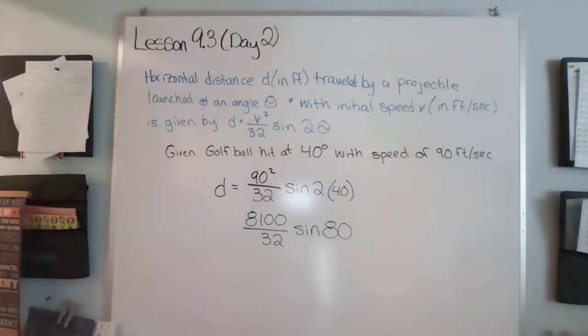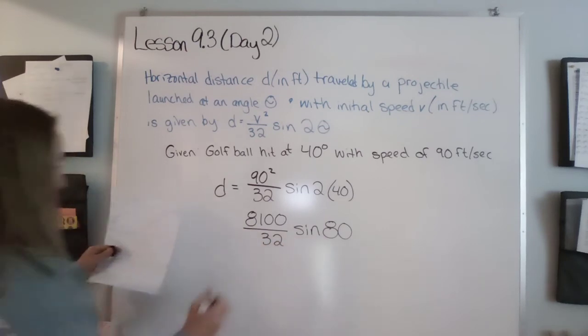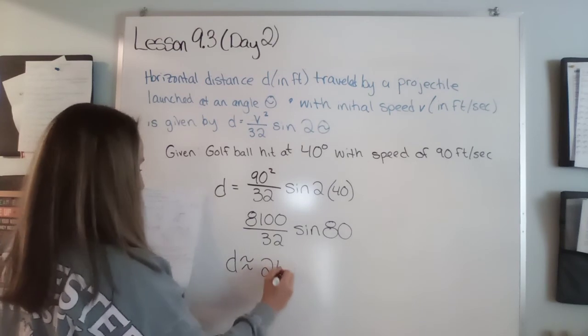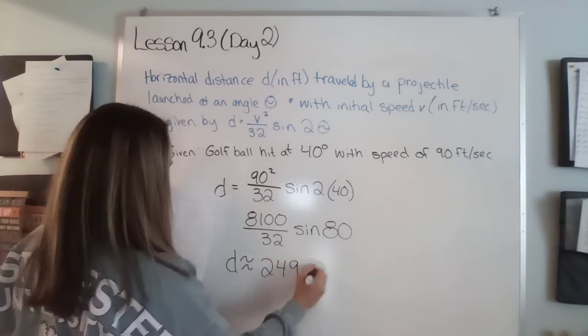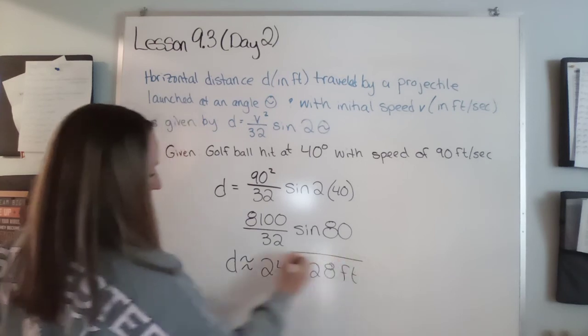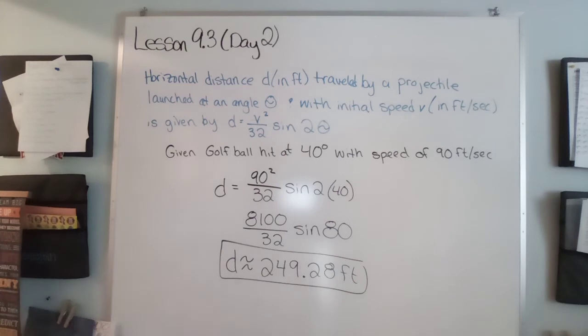Then you would do your division and then times sine of 80, and you're going to get a distance of approximately 249.28 feet. So that was just a formula that can be used for horizontal distance.